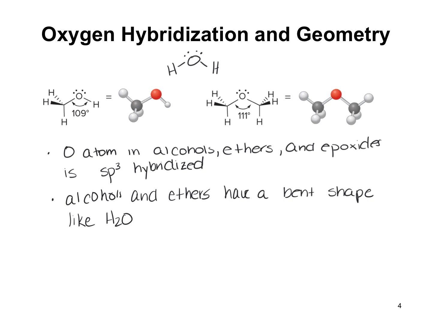Now, there's a difference here. The bond angle around an alcohol is similar to a tetrahedral bond angle of 109.5, but it's a little different. So, for example, in this molecule, it's 109, and this one, it's 111.